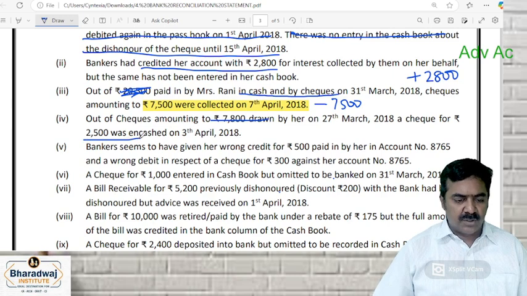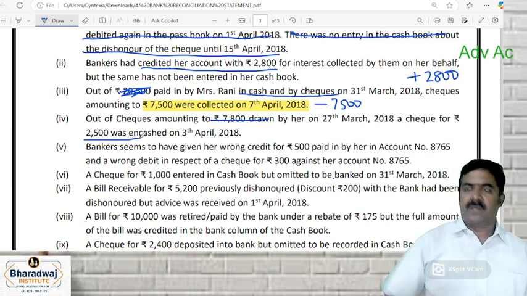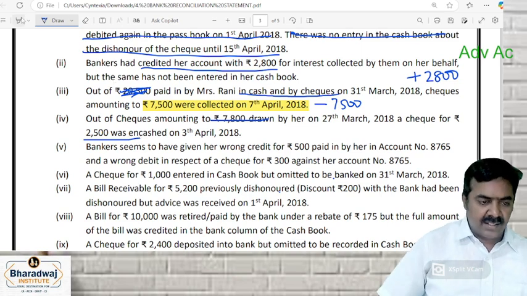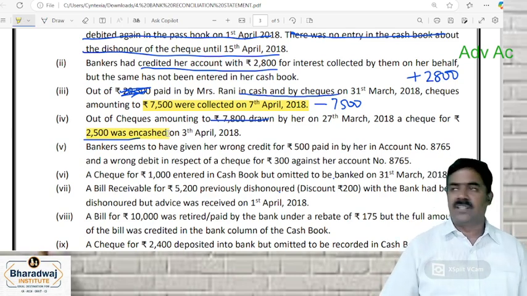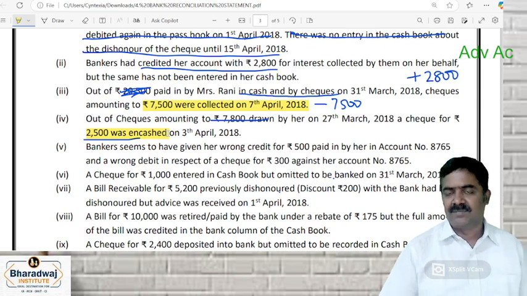The check for 2,500 is paid only on 3rd April. The customer has deducted 2,500 within 31st March. We have not deducted.